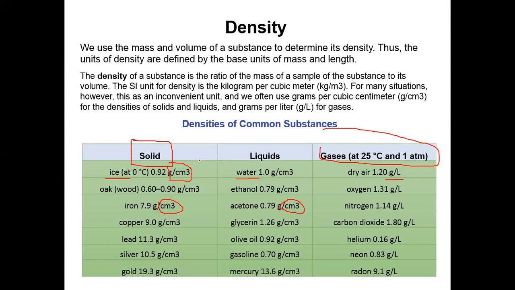If we need these numbers, you'll be given them. But if you need to calculate something, say density, knowing mass and volume, you should understand how to calculate it. The only thing you need to know is that solids are heavier than liquids, and they are heavier than gases. Okay, thank you.